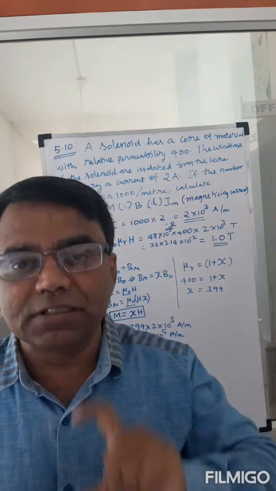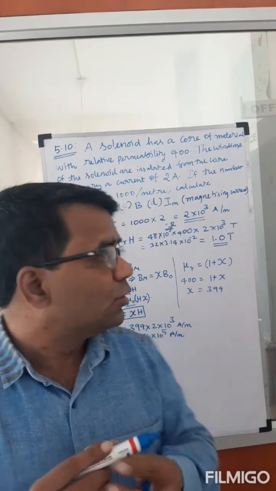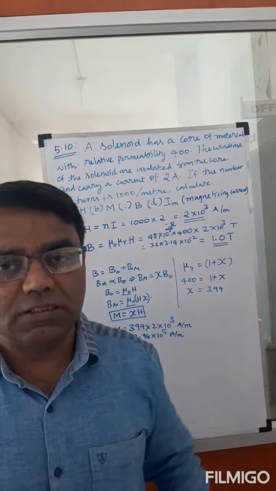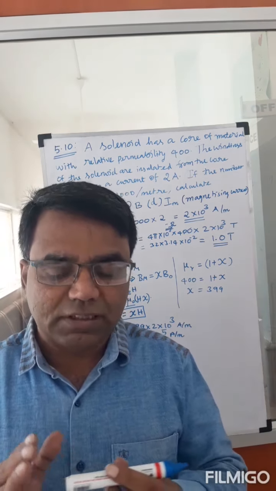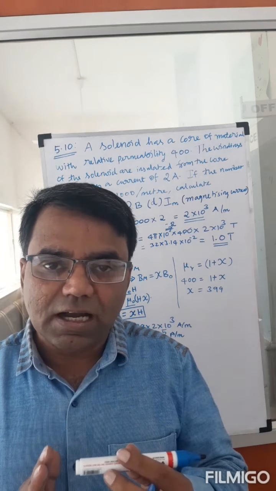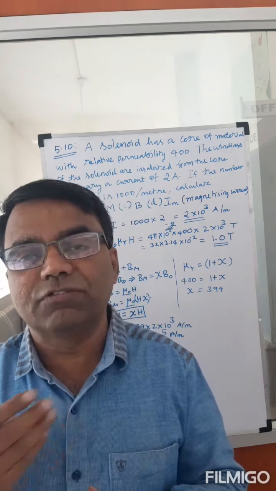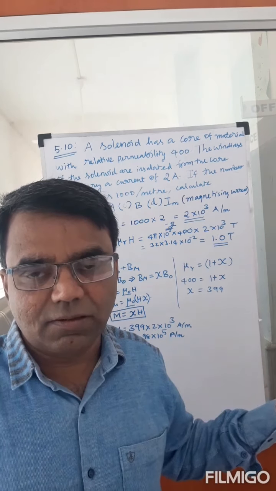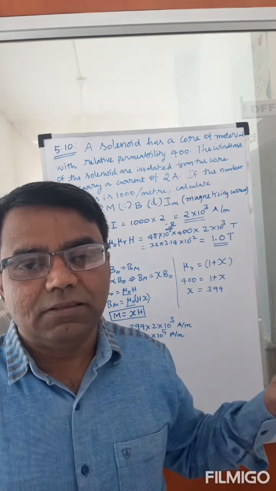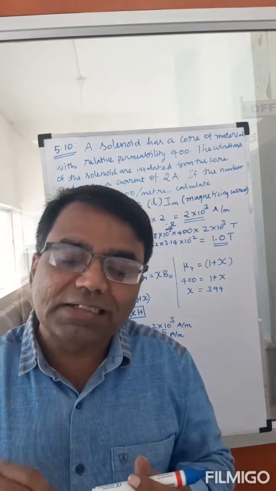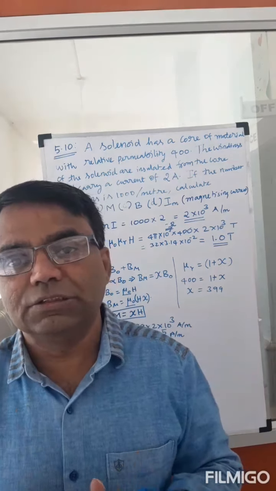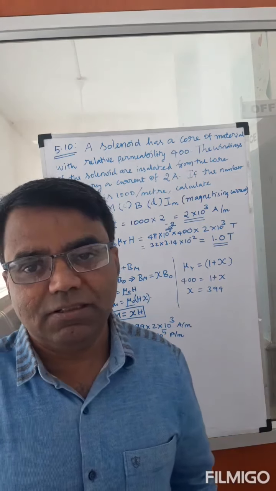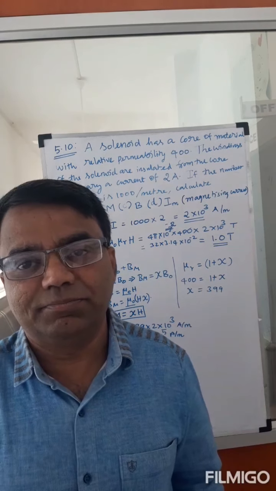I pass 2 ampere current with the core to produce a B of 1 Tesla. But if I don't have a core, then I must pass a different amount of current to produce the same field. The magnetizing current is the excess current that you pass to produce this field.